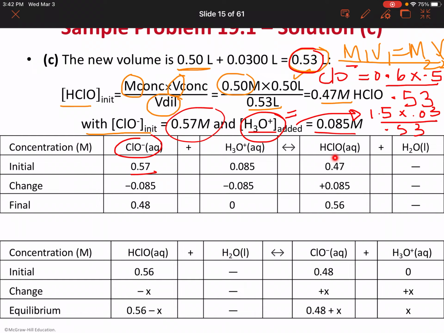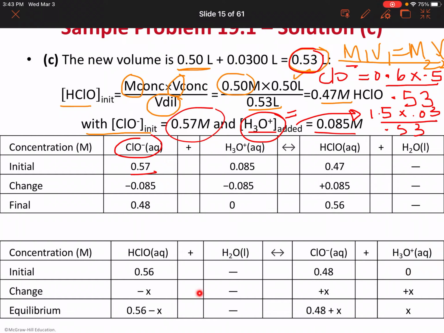Now with these initial amounts, we write again, just like we did with the hydroxide ions, the weak acid dissociation using these new initial amounts. 0.56 hypochlorous acid, and then hypochlorite anion, the new amount is 0.48, with nothing of hydronium ions formed.